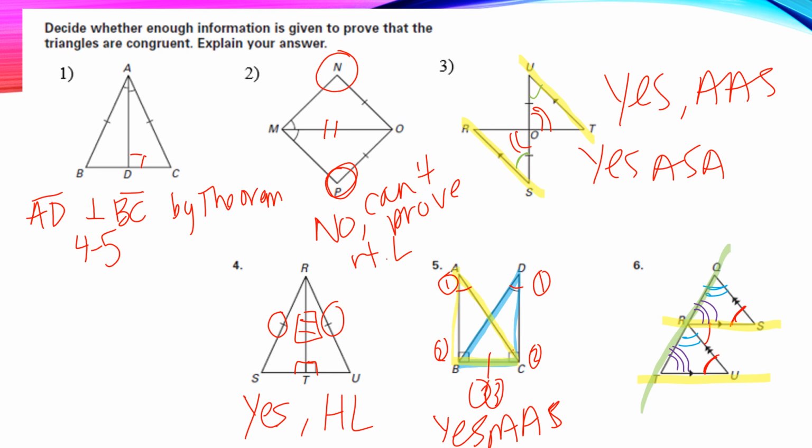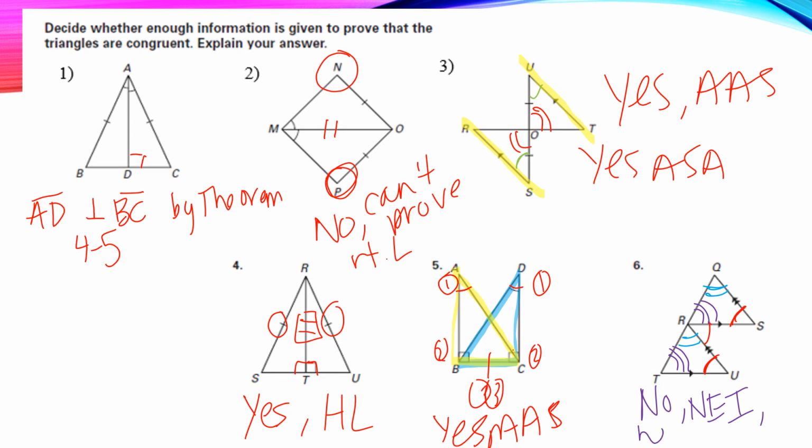Now I'll erase the parallel lines and the transversals. Now, if you're looking at those two, we have all of the angles congruent. But for triangles, you could have the same kind of angles in any single triangle, but the sides will be different. So for this one, these are not congruent because there's not enough information.